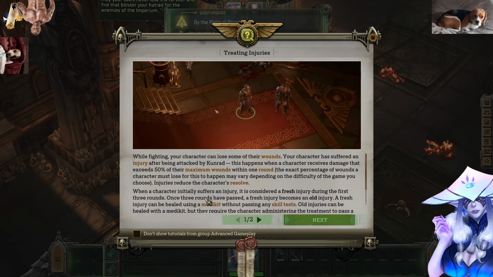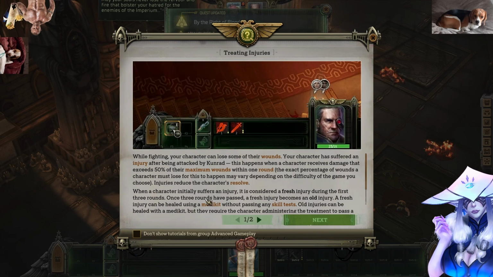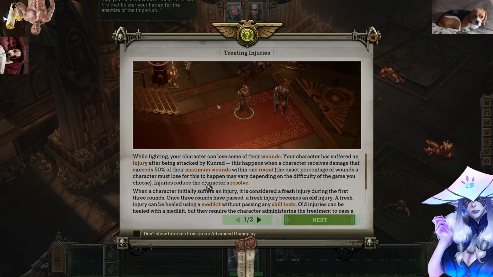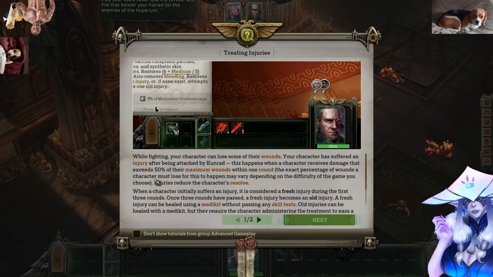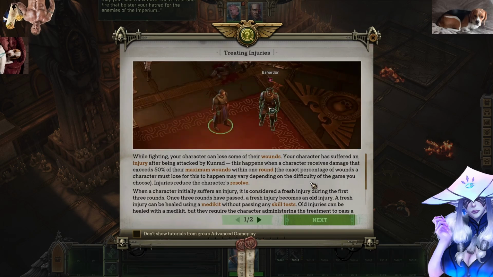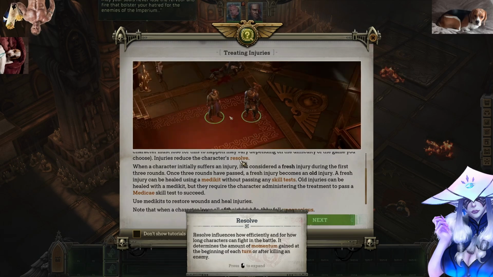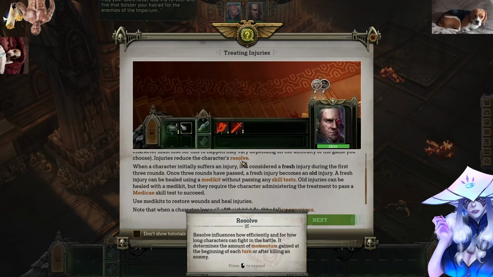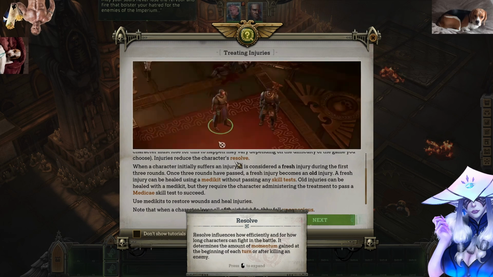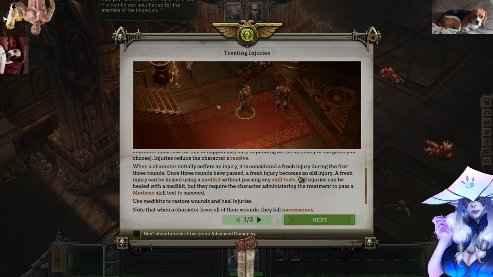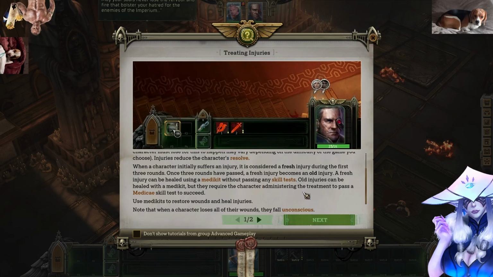While fighting, your characters can lose some of their wounds. Your character has suffered an injury after being attacked by Kunrad. This happens when a character receives damage that exceeds 50% of their maximum wounds within one round. The exact percentage of wounds a character must lose for this to happen may vary depending on the difficulty of the game you choose. Injuries reduce the characters as a resolve. Resolve influence efficiently and for how long characters can fight in the battle. It determines the amount of momentum gained at the beginning of each turn after killing an enemy. When a character initially suffers an injury, it is considered a fresh injury during the first 3 rounds. Once 3 rounds have passed, a fresh injury becomes an old injury. A fresh injury can be healed using a medikit without passing any skill tests.